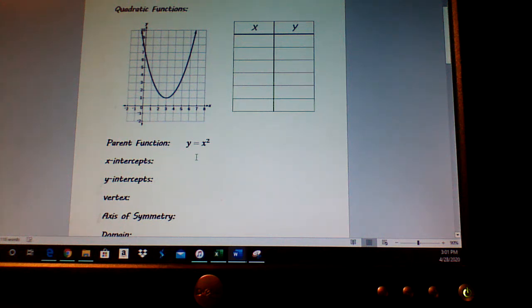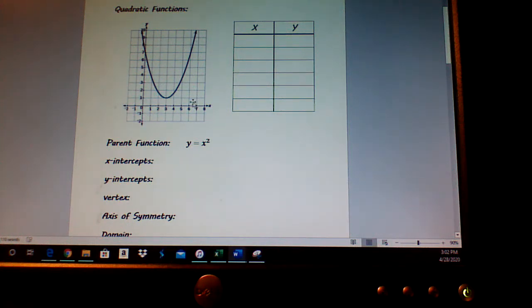Let's take a look at x-intercepts. Now remember, with quadratics you can have 0 x-intercepts, 1 x-intercept, or 2 x-intercepts. It's still just like when we talked about linear, where it has to cross the x-axis if it's an x-intercept. Okay, your line, or in this case your curve, must touch the x-axis.